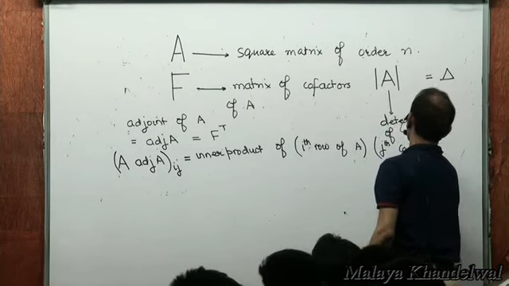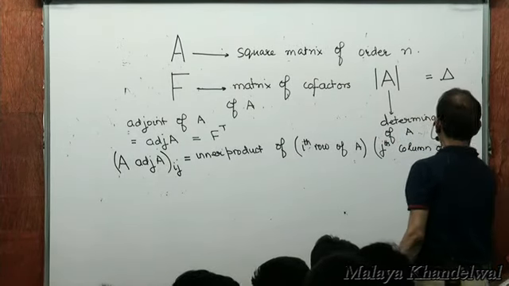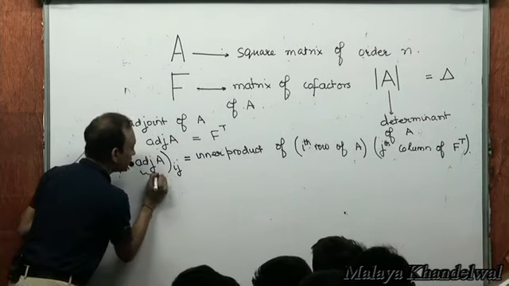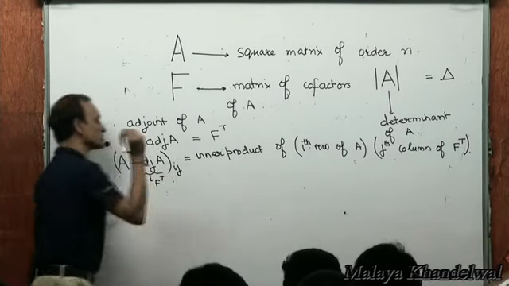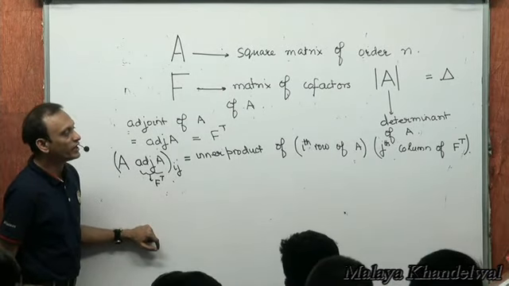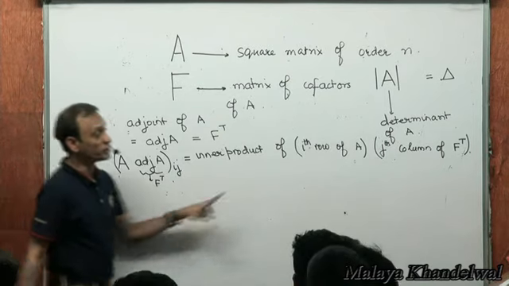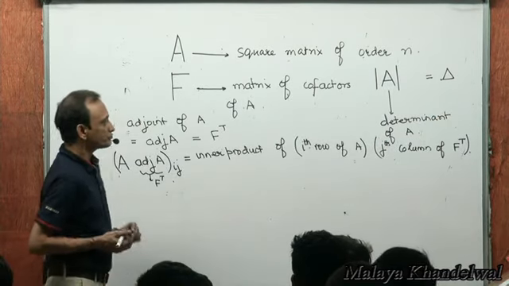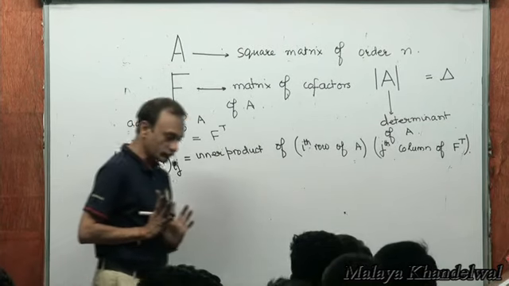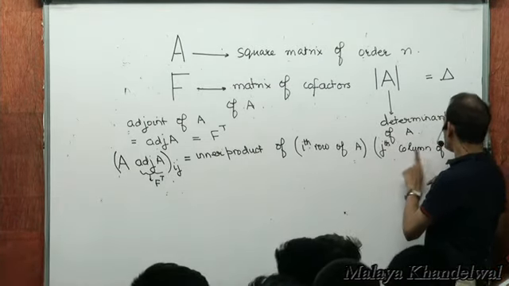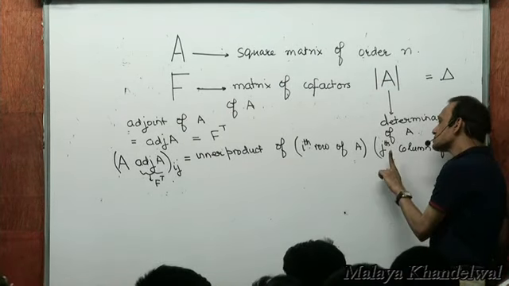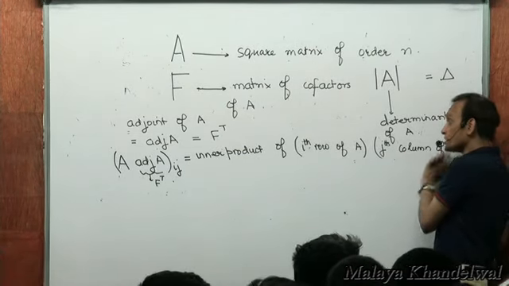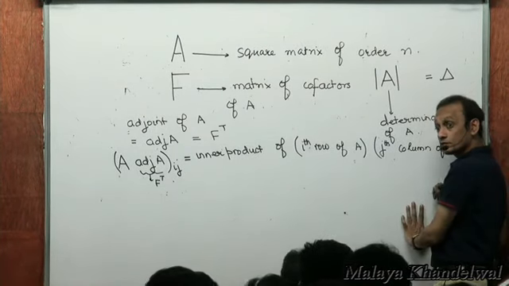Adjoint A is actually F transpose, the matrix of cofactors of A transposed. Now, the jth column of F transpose is the same as the jth row of F, right?